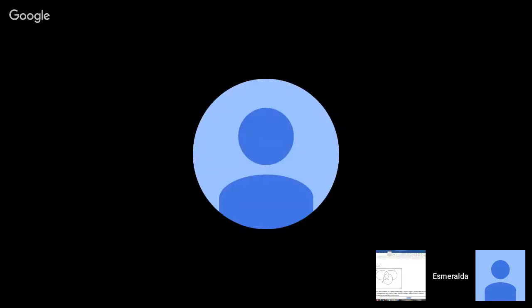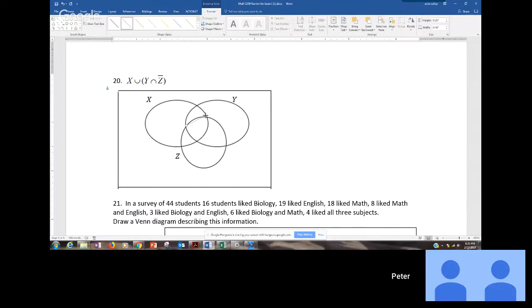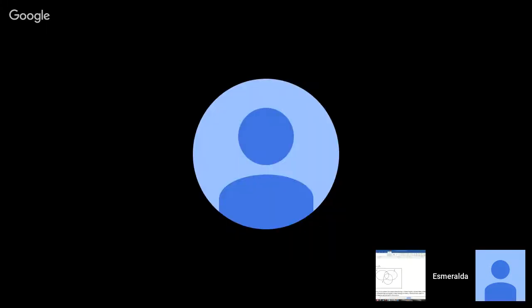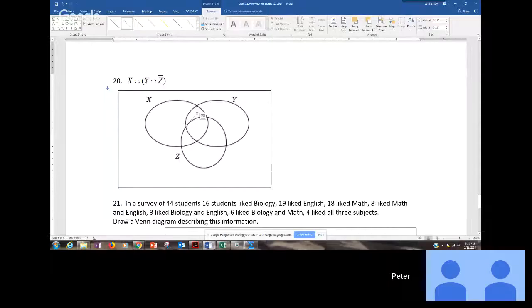How do you know which set to start with so you don't get confused? It's like order of operations. Go into the innermost piece, parentheses first. So I would start with Y intersect complement of Z, and figure out what part of the picture that's supposed to get me to look at. That's this moon-looking shape.